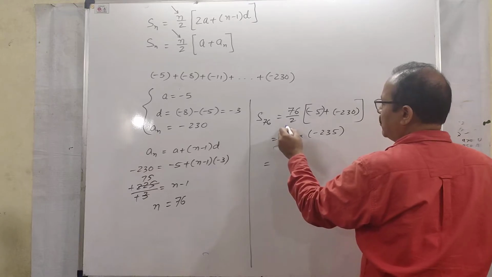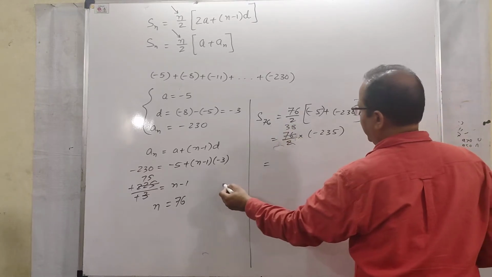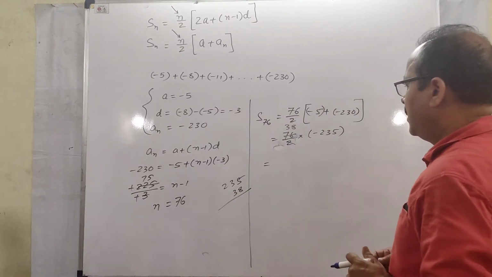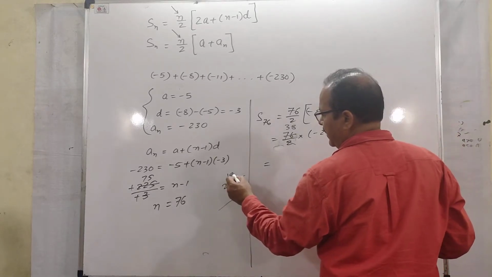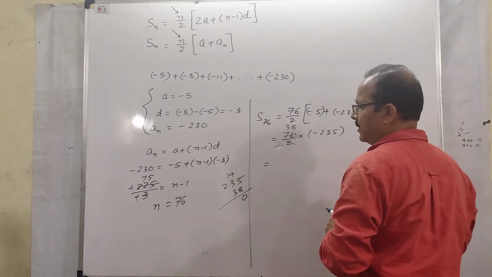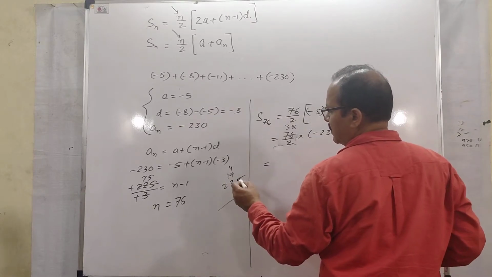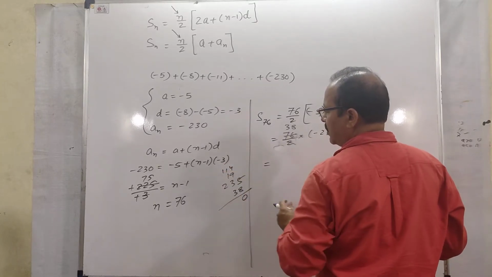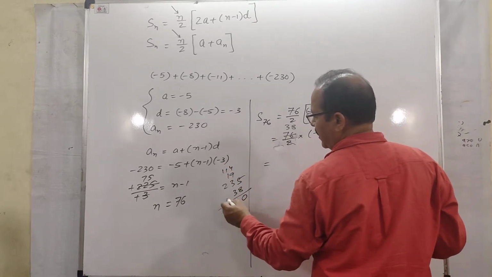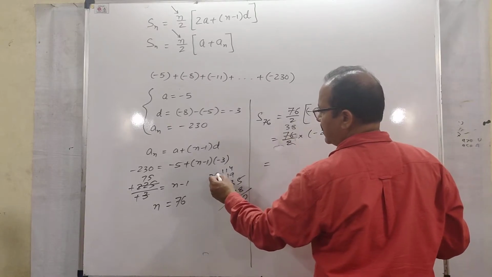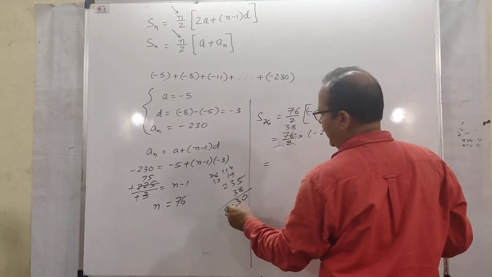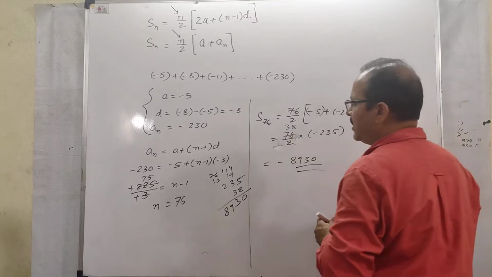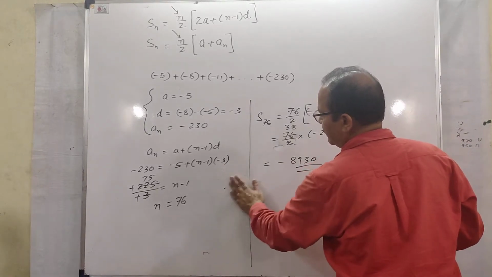So 38 into 235, and minus 8930 will be the answer of this question.